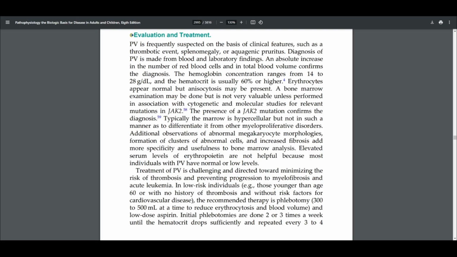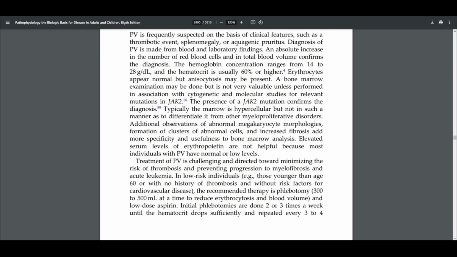Additionally, observations of abnormal megakaryocyte morphologies, formation of clusters of abnormal cells, and increased fibrosis add more specificity and usefulness to bone marrow analysis. Elevated serum levels of erythropoietin are not helpful because most individuals with PV have normal or low levels.